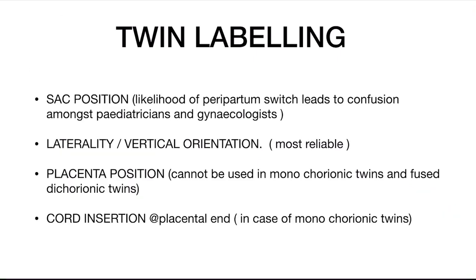So these are the four methods of twin labeling. First one is as per the sac position.